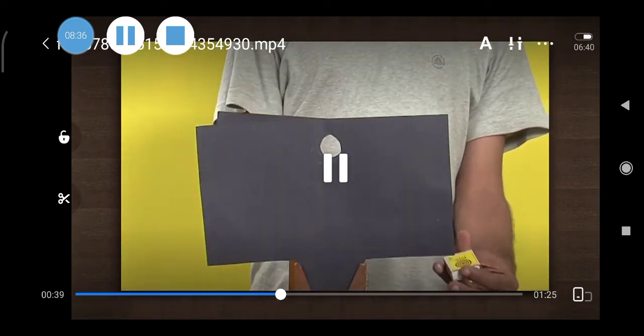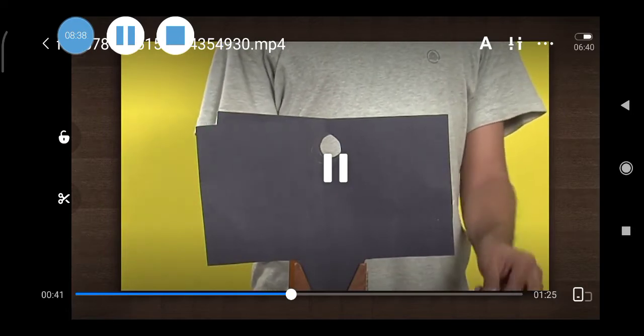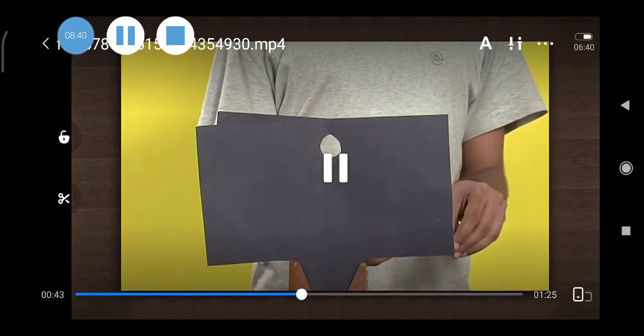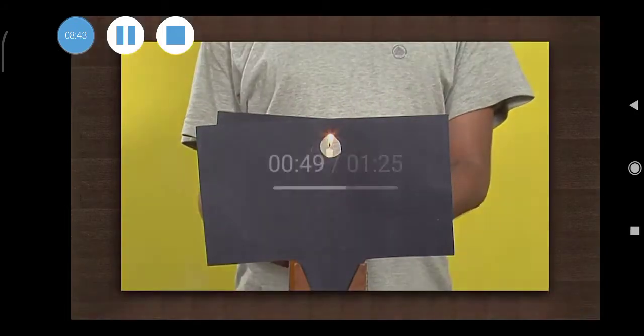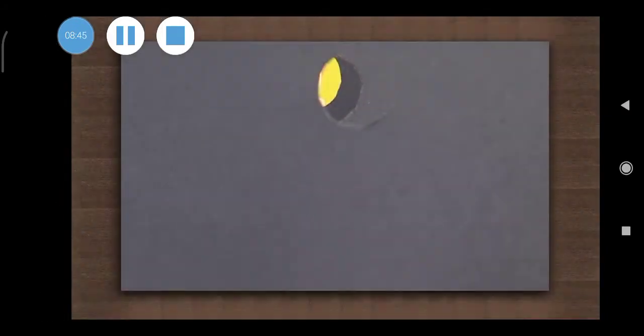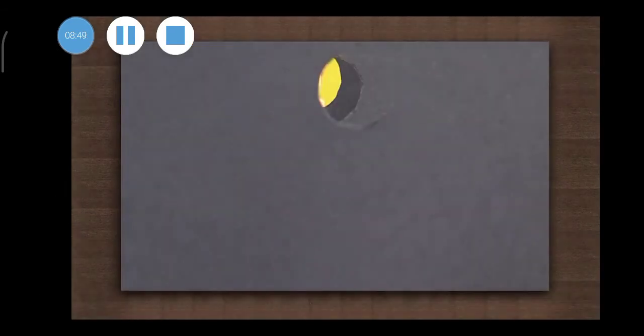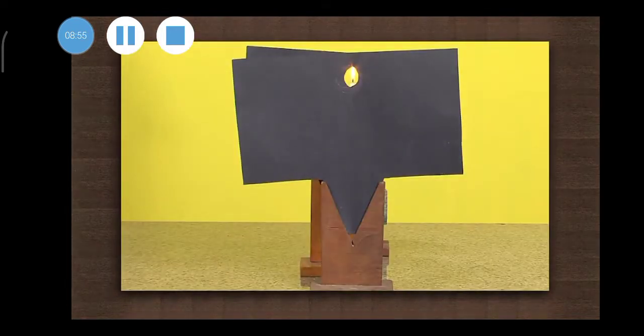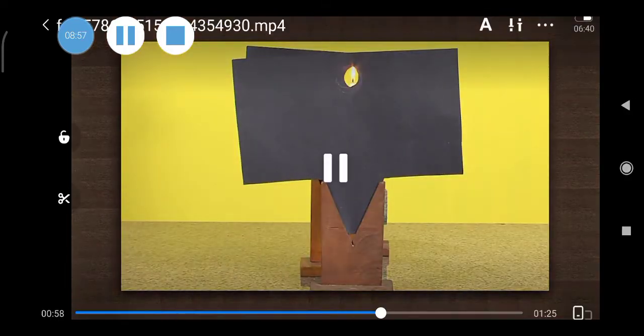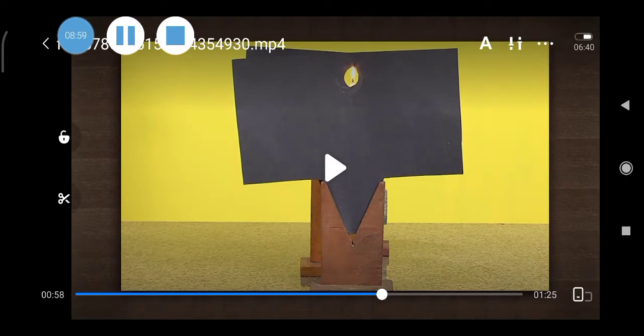We will have a lighted candle on the other side. If we look at the hole, we can now see the flame of the candle through the hole in the last cardboard. Can you see it? It is only visible when the eye, the holes, and the candle are in a straight line. So here we can see the flame of the candle clearly.